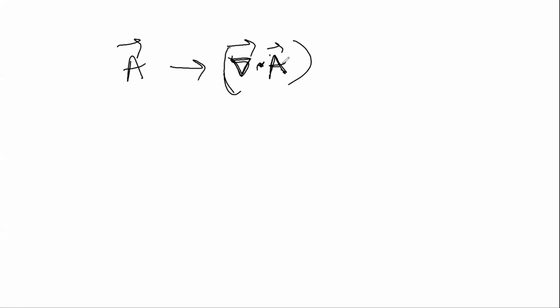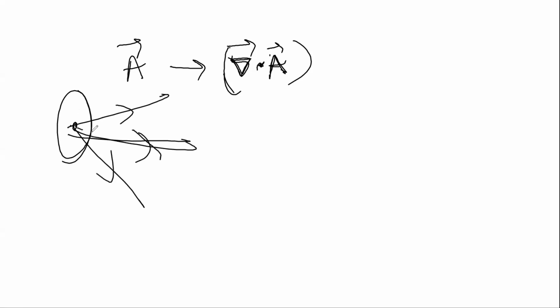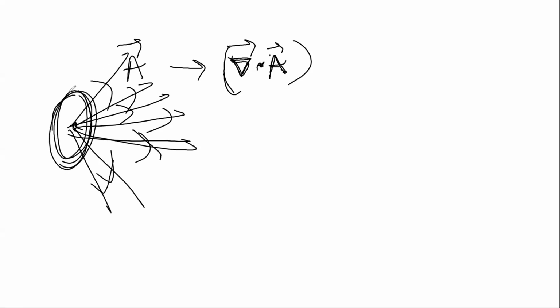The divergence of a vector field at any point is defined as the amount of flux per unit volume diverging from that point. Amount of flux coming out of this point, diverging from this point, is said to be the divergence. Divergence means spreading from a single point.